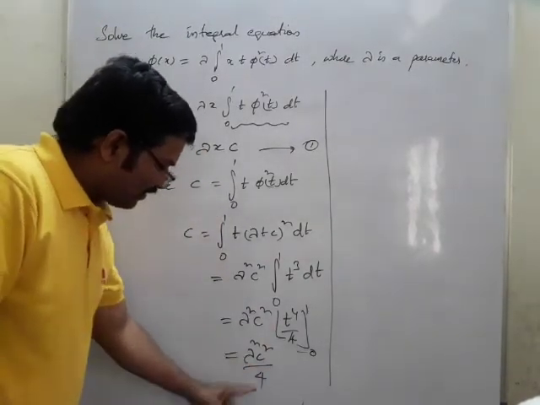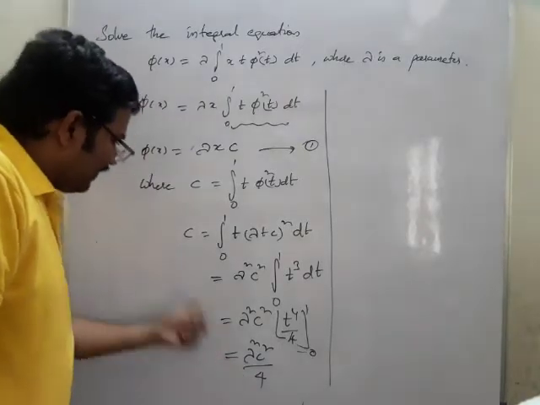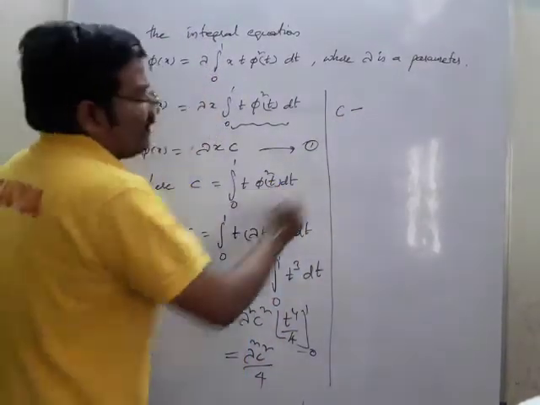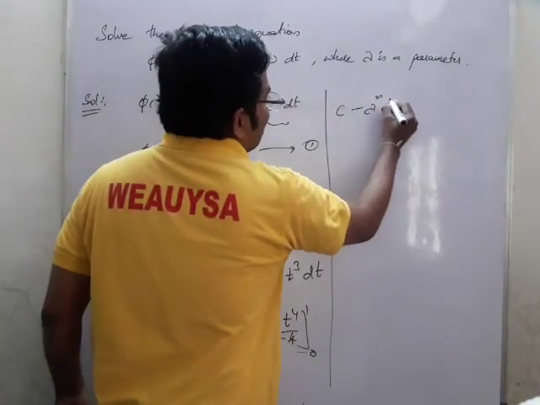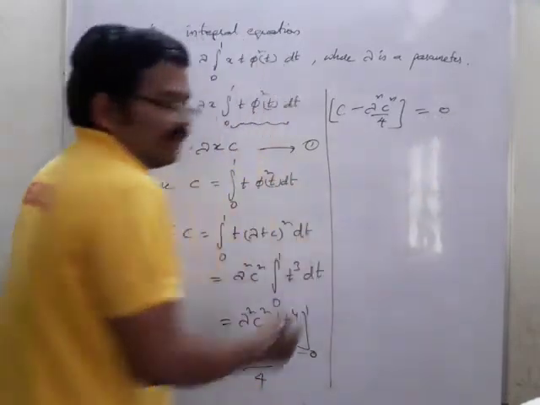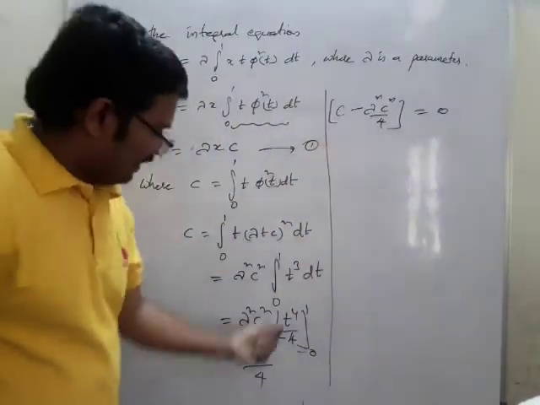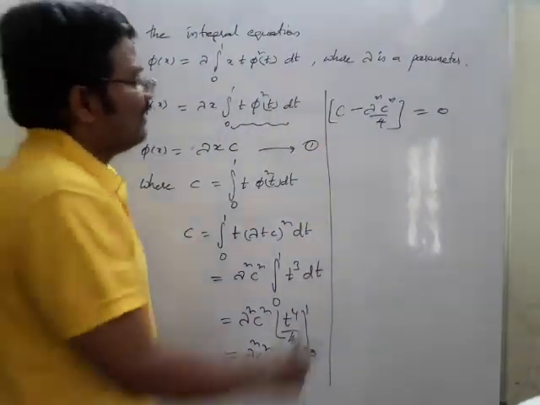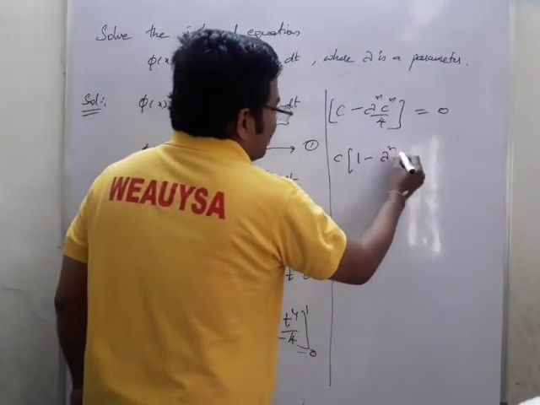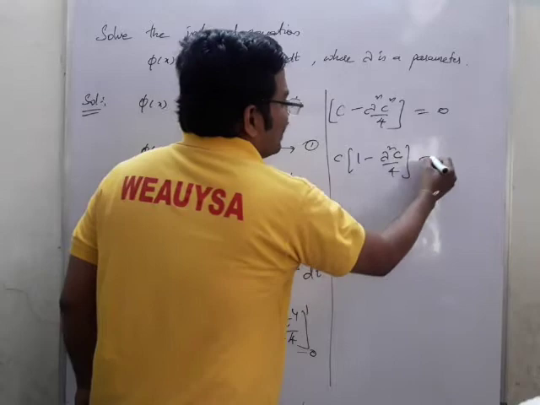So lambda square c square by 4 is given. Now I will take this to the left side: c minus lambda square c square by 4 is equal to 0. In this I will take c common: c times 1 minus lambda square c by 4 is equal to 0.